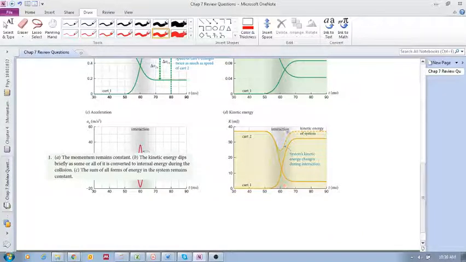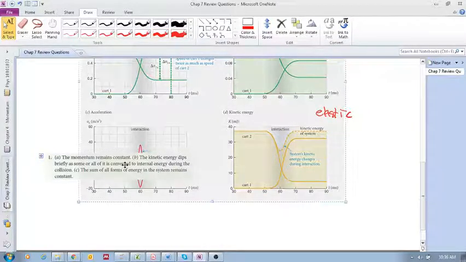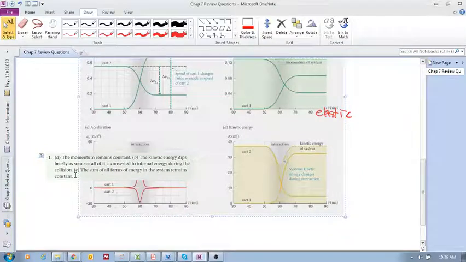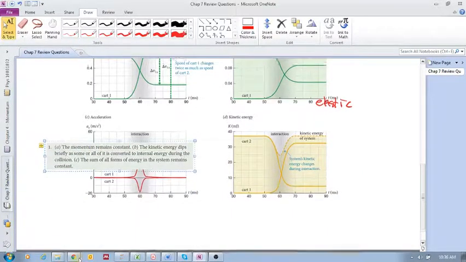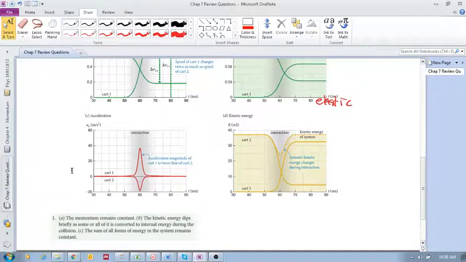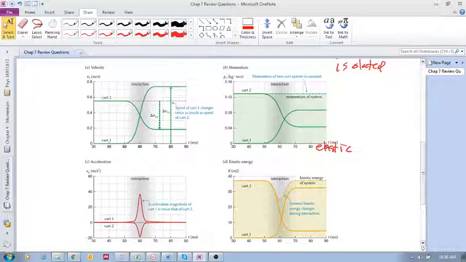And this is because, remember that for an elastic collision, we said that the relative velocity, let me just move this down a bit, the relative velocity before collision and after collision is the same. Remember, for an elastic collision, the relative velocity would be the same, if you recall.